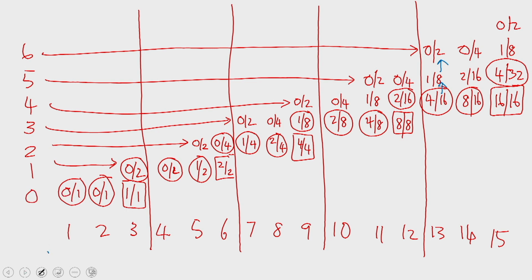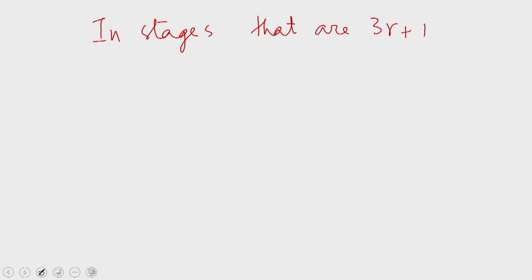Which means we can generalize this to note that from the bottommost level to the next level, there is a reduction in size by half. After that, we have reduction by a factor of 1/4.